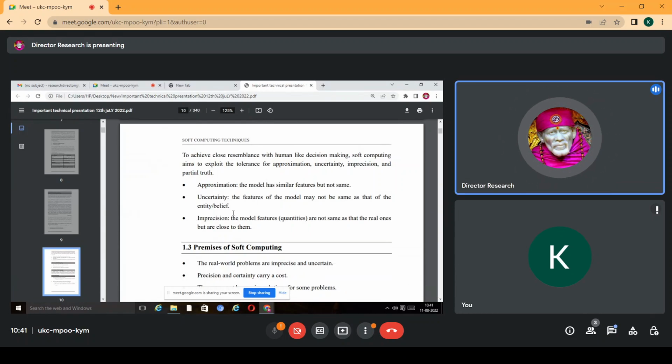Soft computing aims to exploit tolerance for approximation, uncertainty, imprecision, and partial truths. Approximate: the model has similar features but not the same. Uncertainty: the features of the model may not be the same as those of the entity. Imprecision: the model's feature qualities are not the same as those of real ones, but are closer to them.